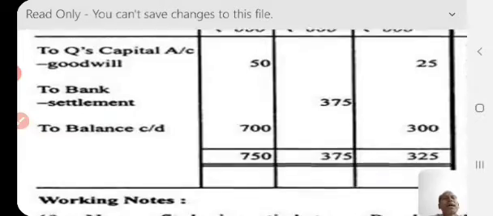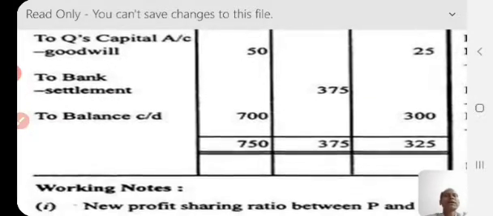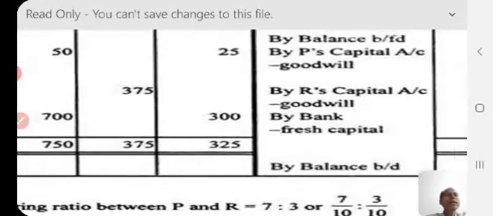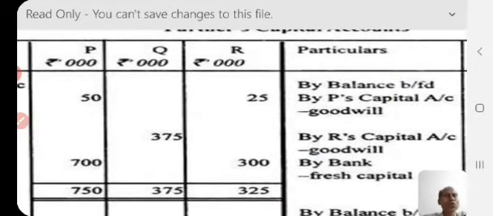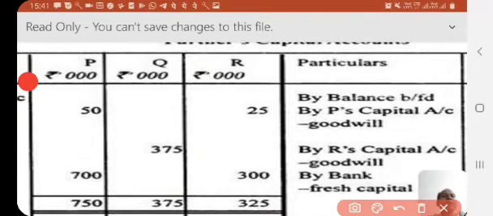So again here the balance has to be paid. The 375 thousands is the balance of Q which should be paid immediately.